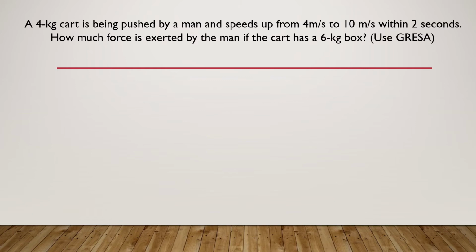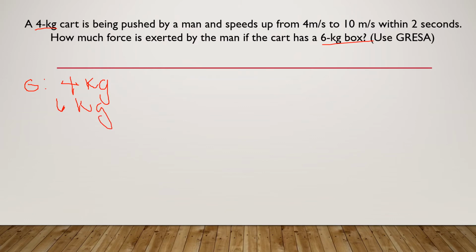So again, you're going to use GRESA. So let us now have the given. We have here 4 kilogram and here we have 6 kilogram. So 4 kilogram is the mass for cart, while 6 kilogram is the mass for box, right?